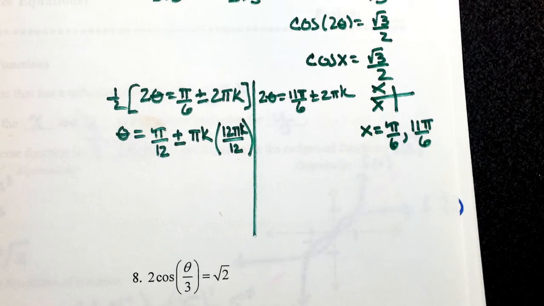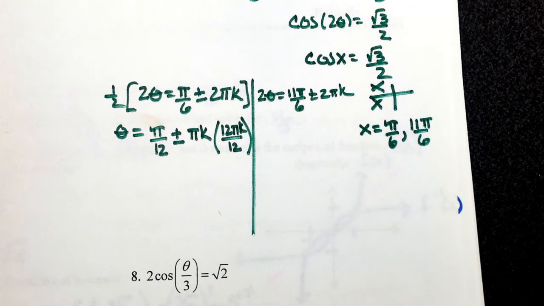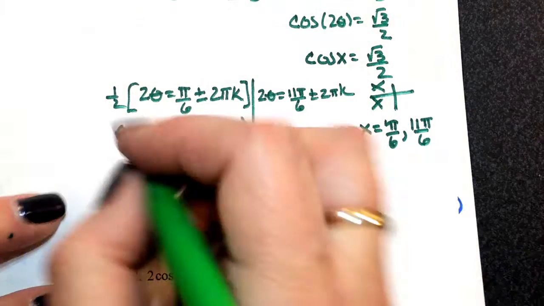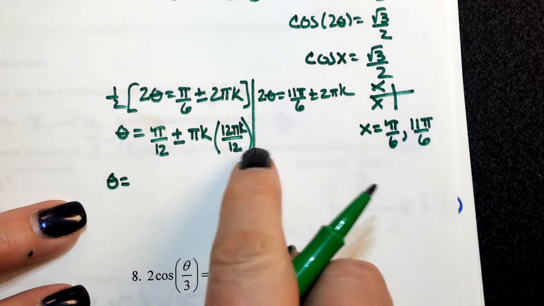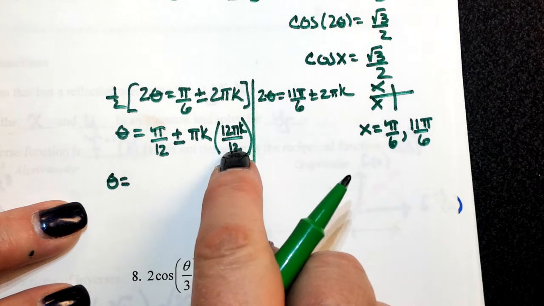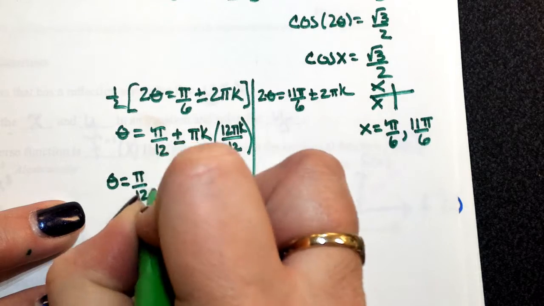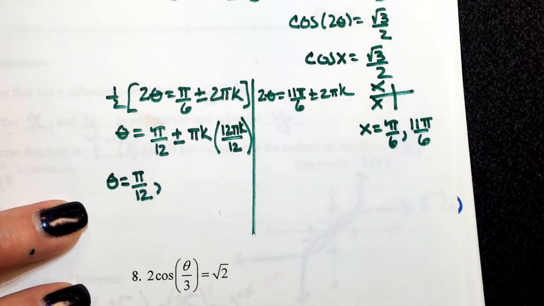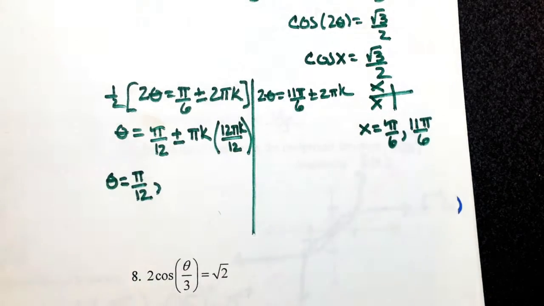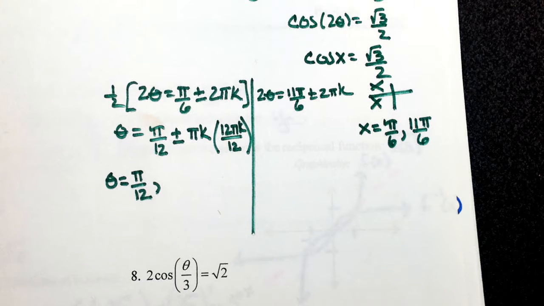Where am I going to be able to stop? Where can I stop generating this list? 24 pi over 12. So let's start with when k is equal to 0. So when k is equal to 0, 0 times this will go to 0. So my first angle is going to be pi over 12. When k is equal to 1, what is 12 pi over 12 plus pi over 12?